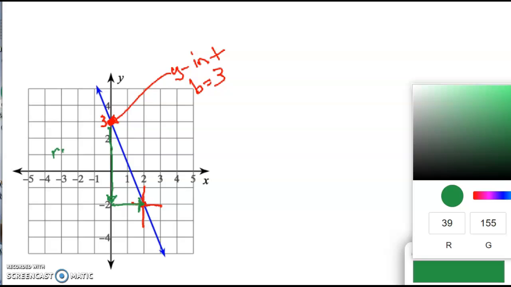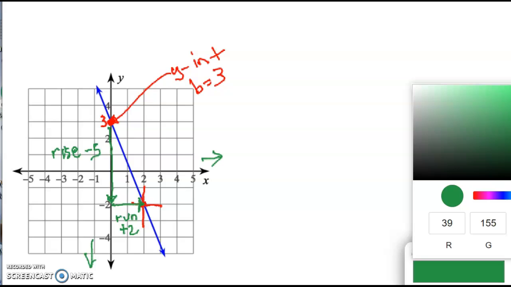So the rise going down is going towards the negative direction of y, so that's going to be -5. Going to the right, the x-axis, when you go this way, you're going in the positive direction. This is going to be +2. The run is going to be 2 because it's going in the positive x direction. So rise is -5, run is 2.